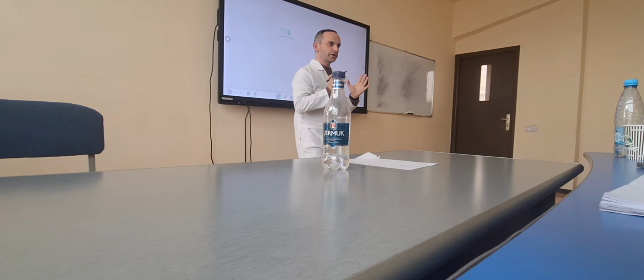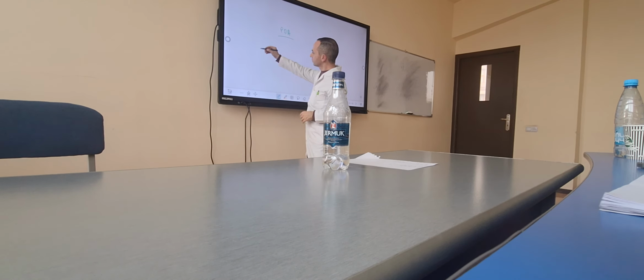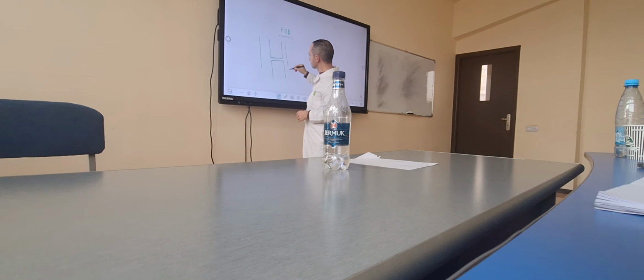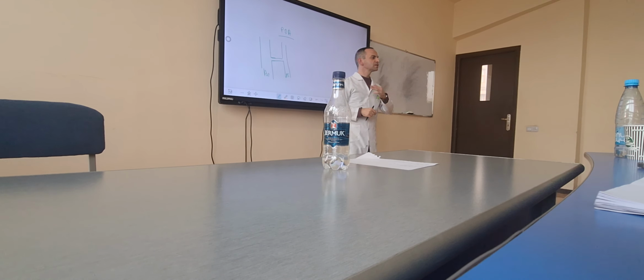Now we should understand the blood flow, from where to where. Look, for example, schematically I'm writing, this is the aorta, and this is the pulmonary trunk. Between them is the patent ductus arteriosus.